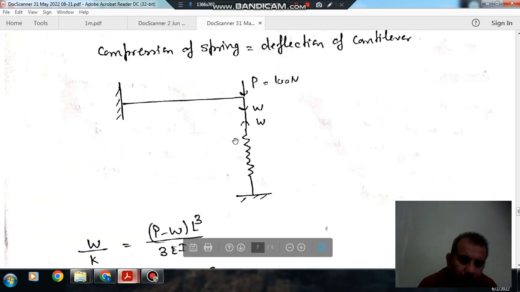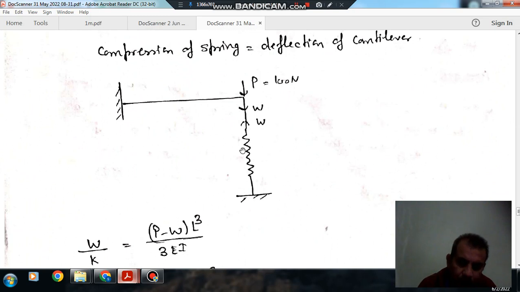Now let W be the compressive force which is compressing the spring, and as W is not acting on the beam, we will take W in the opposite direction also. Now the net load on the cantilever beam will be P minus W, and the net load on the spring is W. So the compression in the spring will be equal to the deflection of the cantilever.